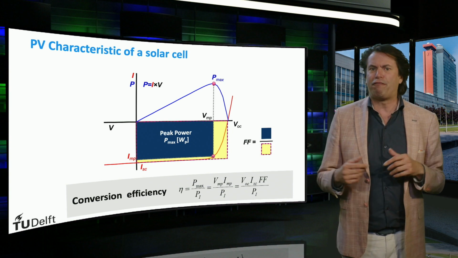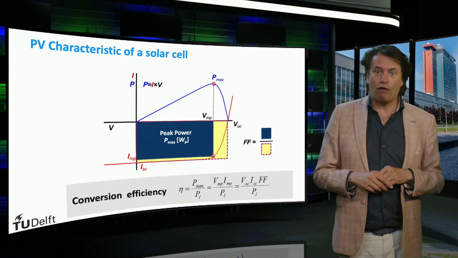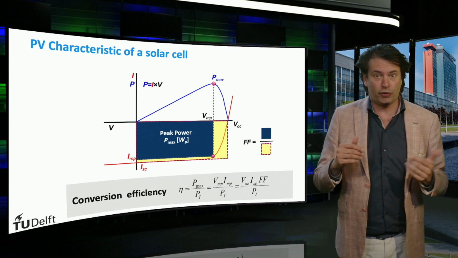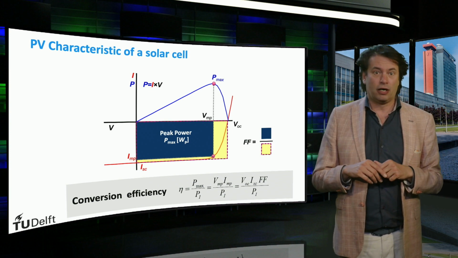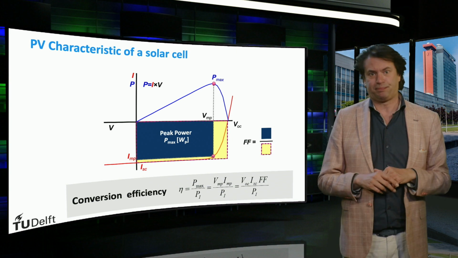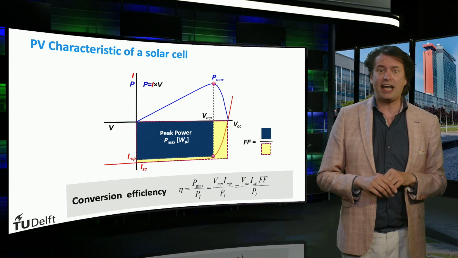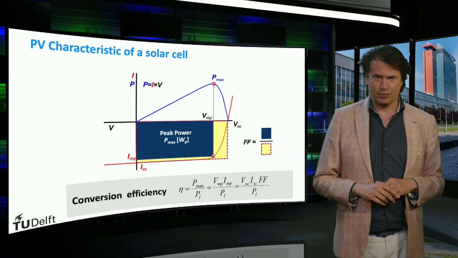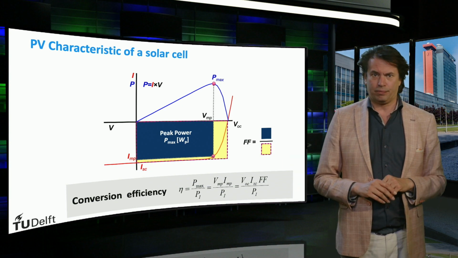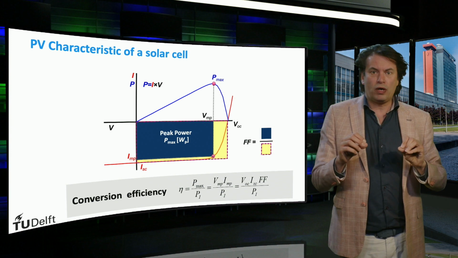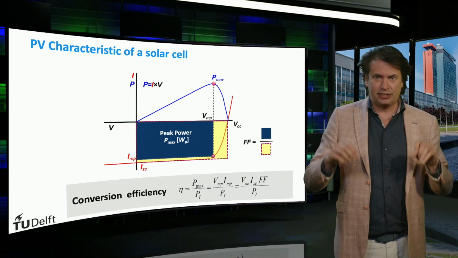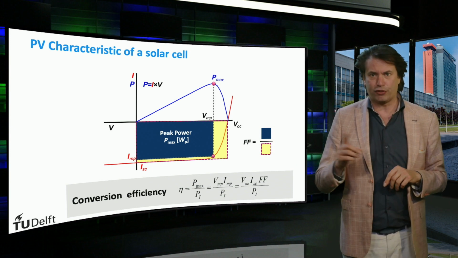We could also define it as the product of the maximum power voltage and the maximum power current. Finally, we can also use the VOC and the ISC and the fill factor. All of these terms are equal. You should now understand the IV characteristic of a solar cell.